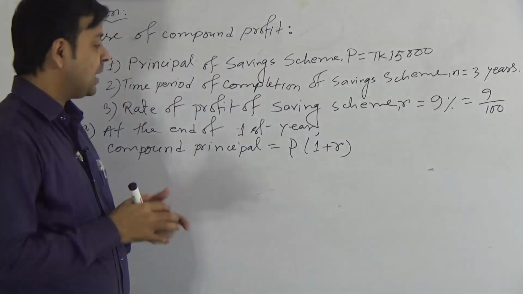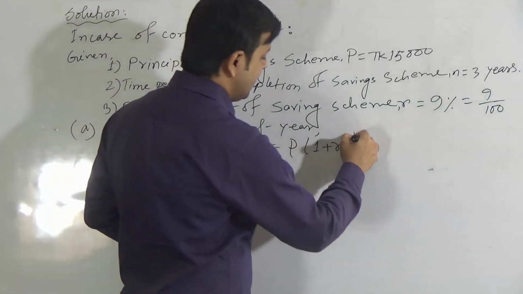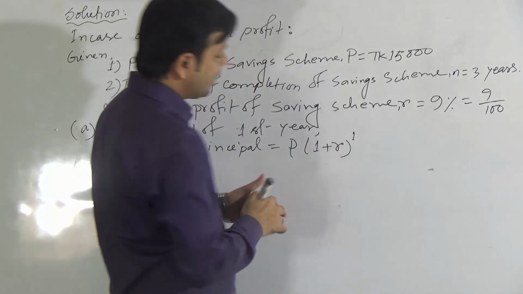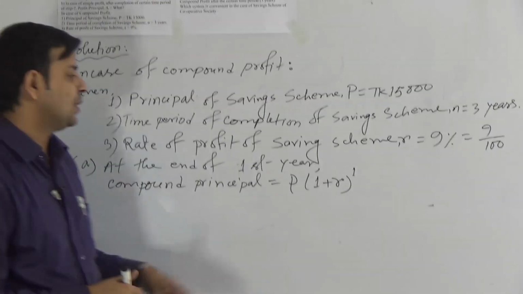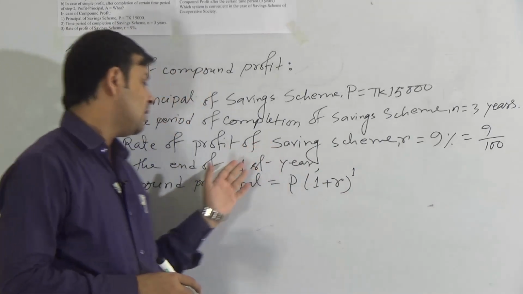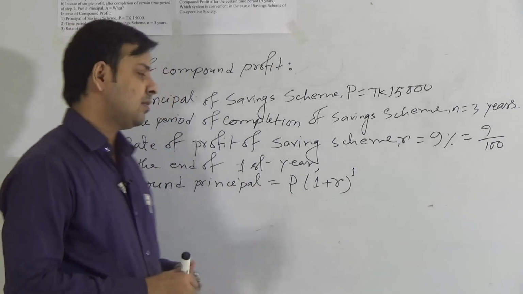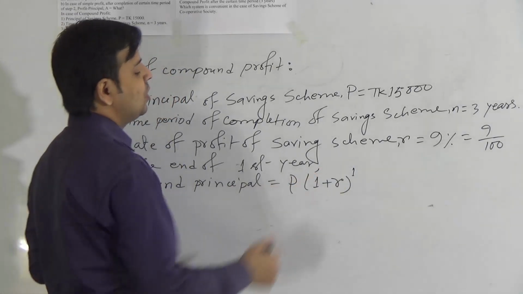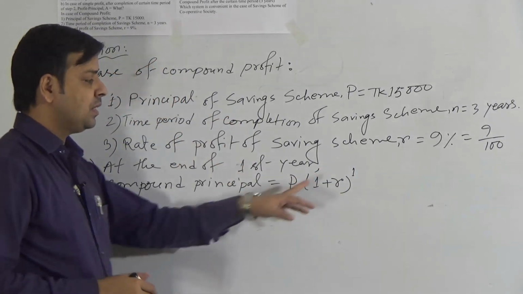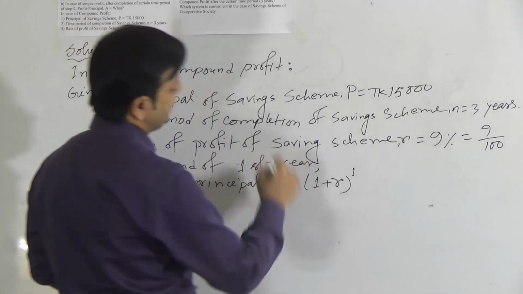You know the formula, but here I have written first year, so we have to use 1. If you don't write this one, that will also be correct, as 1 is the value. If you don't give this, that means 1. Now we can determine by putting the value.